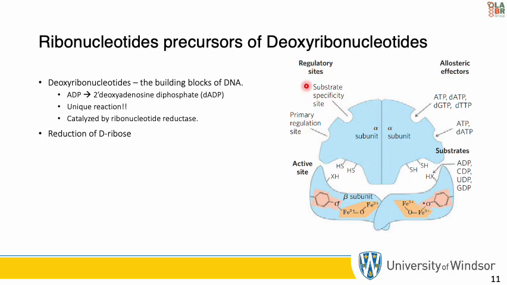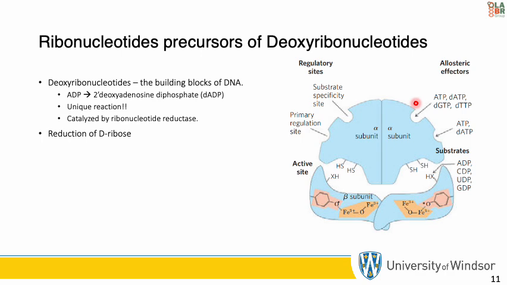You can see right here, we actually have multiple regulatory sites. One type affects overall enzyme activity and binds either ATP, which activates the enzyme, or dATP, which inactivates the enzyme. The second type alters substrate specificity in response to the effector molecule.